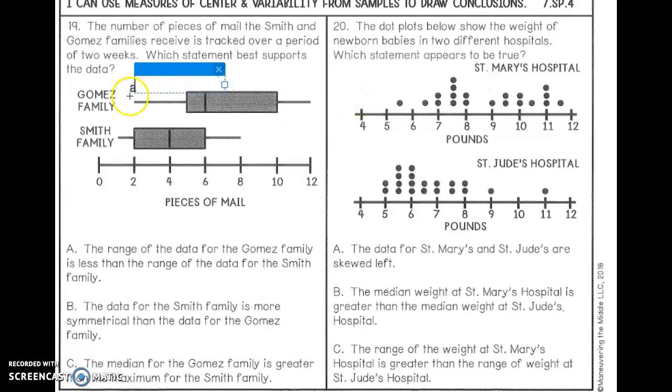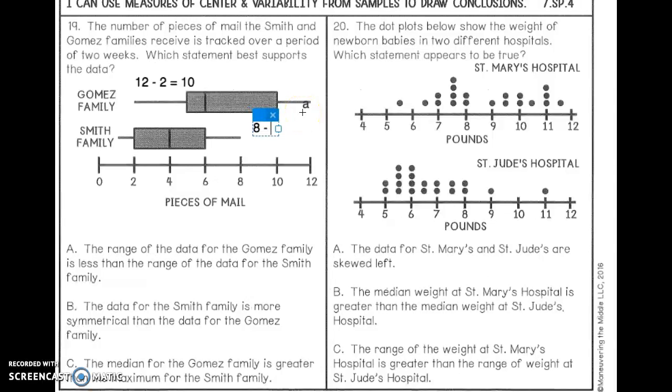So 12 minus 2 would be the range. So their range is 10. And then let's see the Smith family. 8 is the largest number in the set, and 1 is the smallest number in the set.